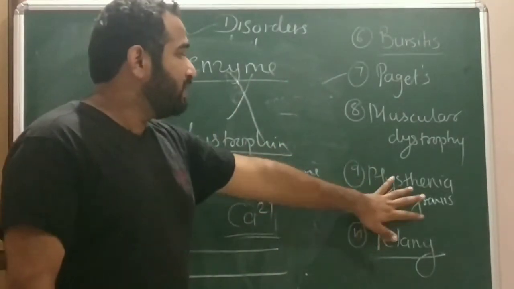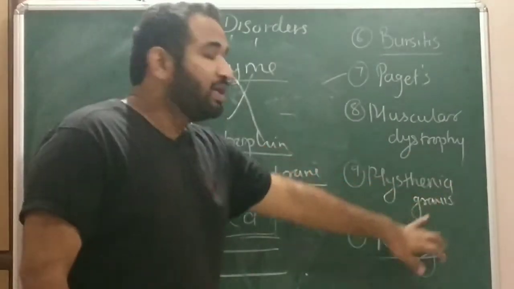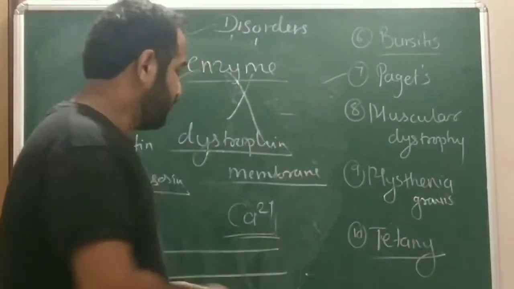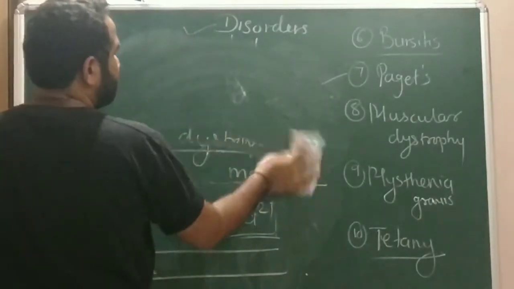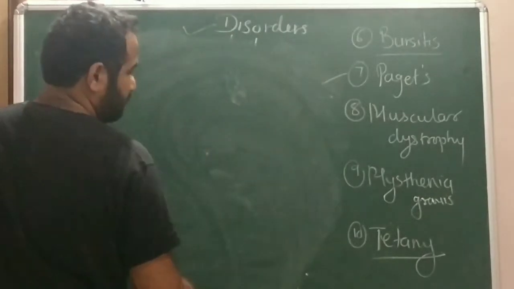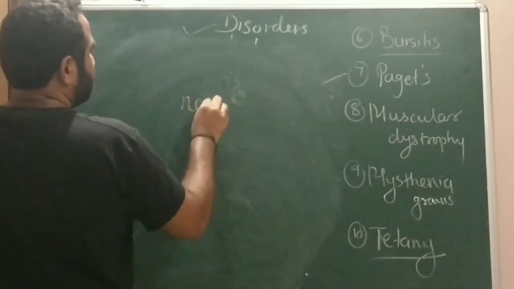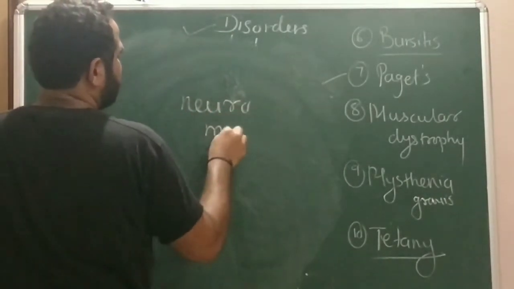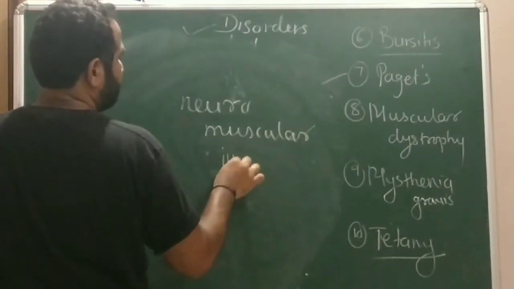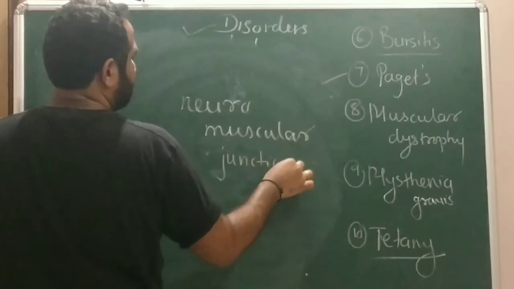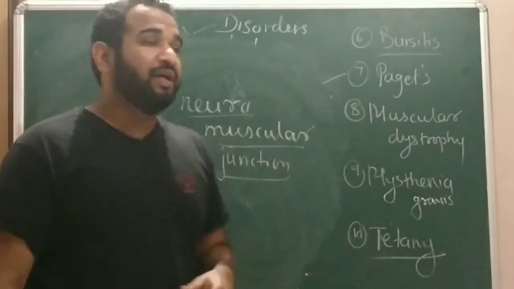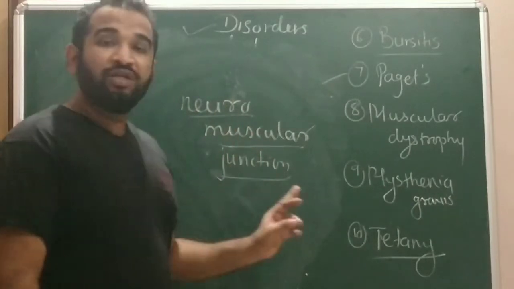Next is myasthenia gravis. Myasthenia gravis is also an autoimmune disorder. In myasthenia gravis, what is affected is the neuromuscular junction.